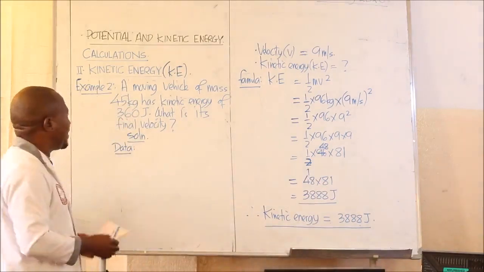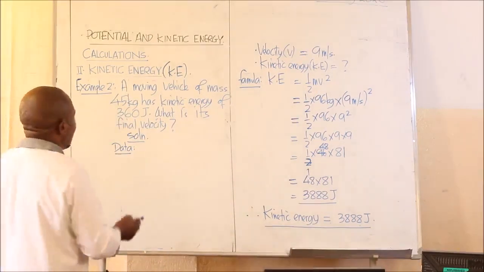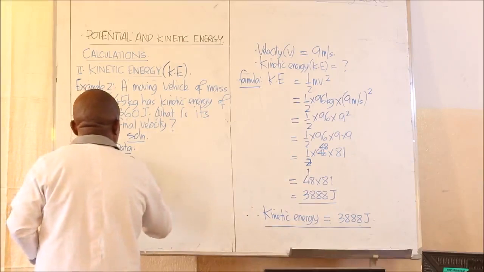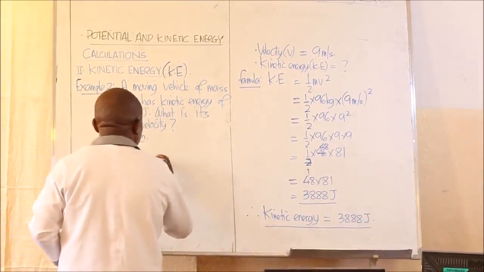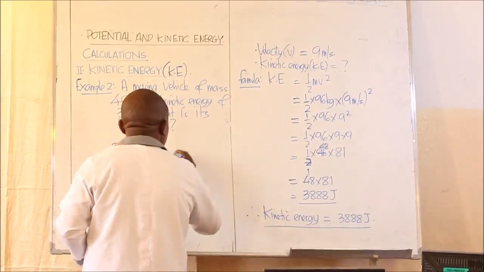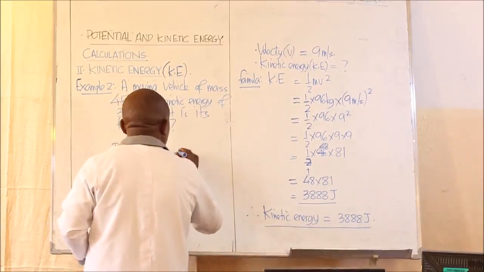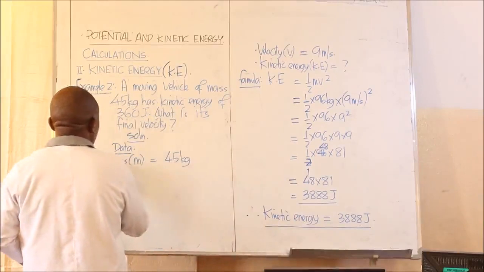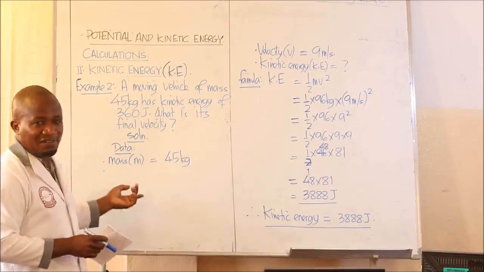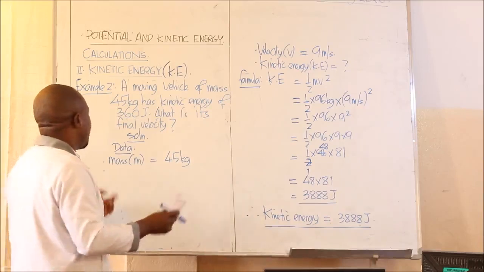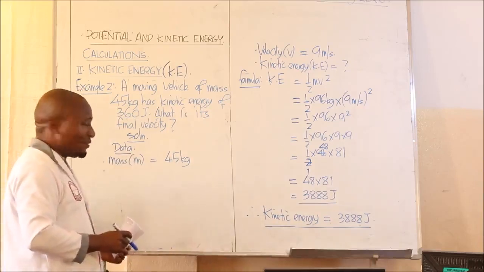In this case, the first thing given here is the mass of a vehicle, M, which is 45 kilograms. You will wonder, only 45 kilograms, it could be a toy vehicle. Some will say, we do it with cars and other big vehicles.